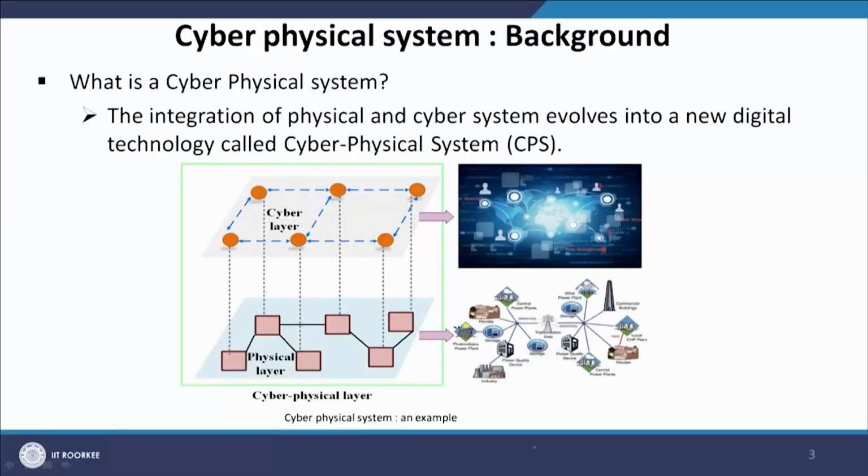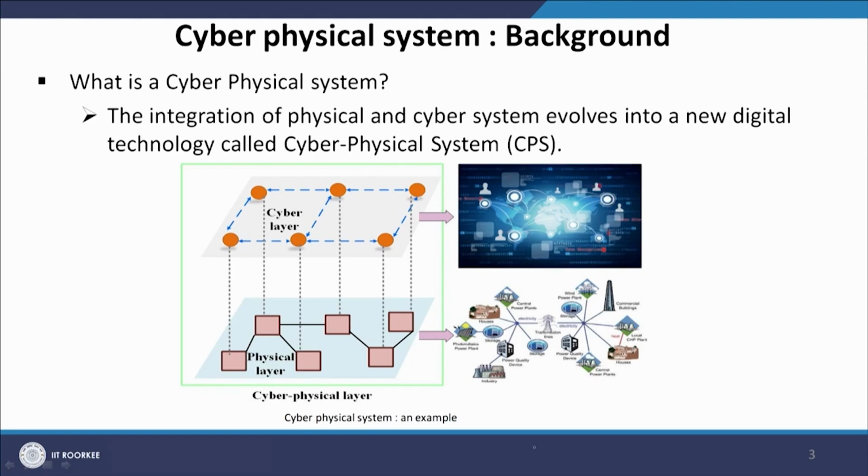So, there is a cyber layer and there is a physical layer. Those two together act as a cyber physical system, and the integration of the two evolves into a new digital technology called the cyber physical system.